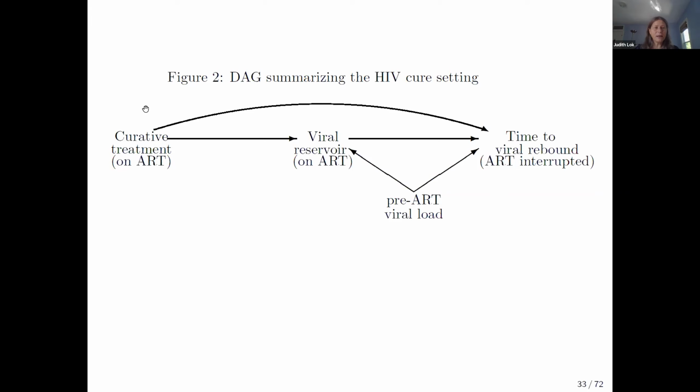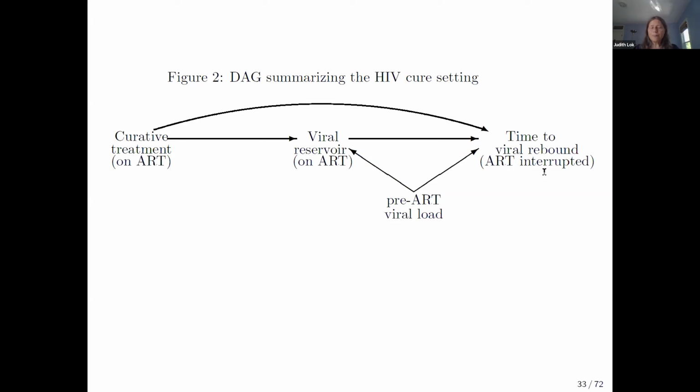I have been trying to estimate the effect of curative treatments that are mediated through the viral reservoir on the time to viral rebound. Typically, what the curative HIV treatments are trying to do is to delay the time to viral rebound. And the time to viral rebound is the time in which the HIV virus is detectable again in the blood of HIV positive patients.